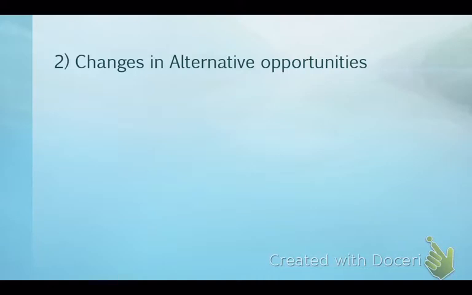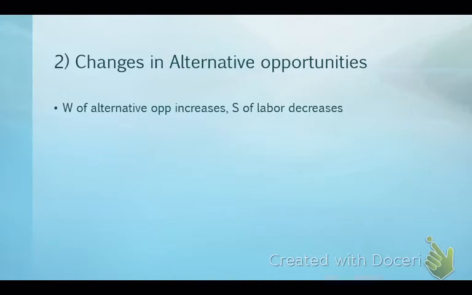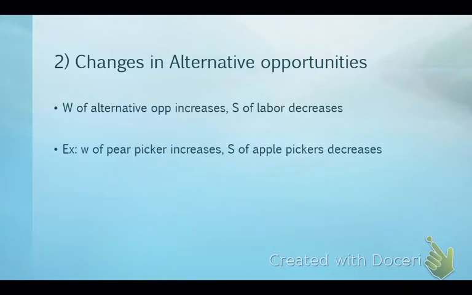Some of the apple pickers are going to leave the apple orchard and go work for the pear farmer, right? So if the wage of an alternative opportunity increases, then that's going to decrease the supply. Remember, we're thinking in terms of apple pickers as our market. That's going to decrease the supply of labor.